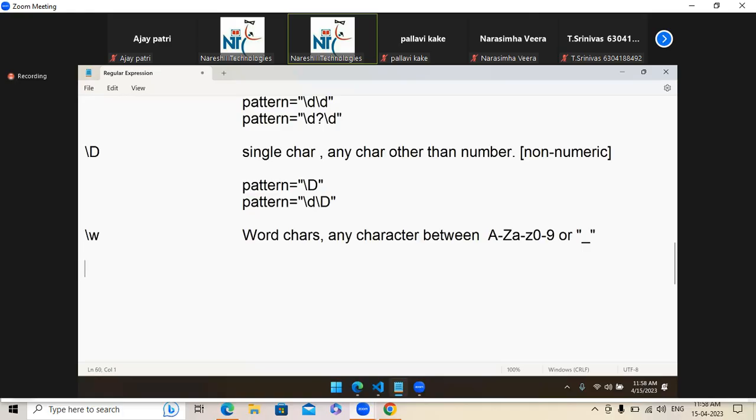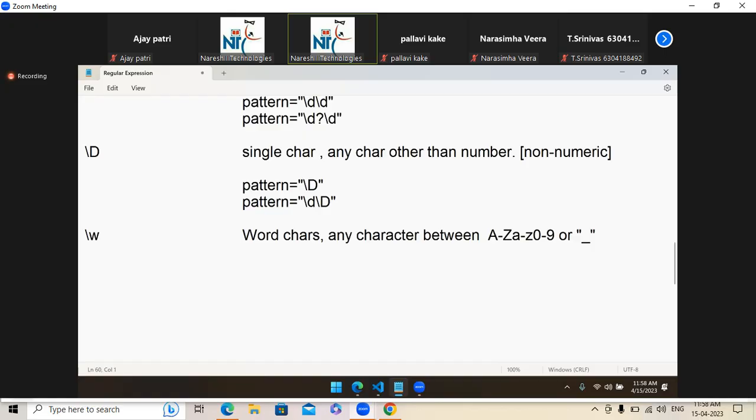Only these are allowed. That means any lowercase or uppercase alphabet, any number 0 to 9, and one symbol is allowed. And what is that symbol? Underscore. These are called word characters.